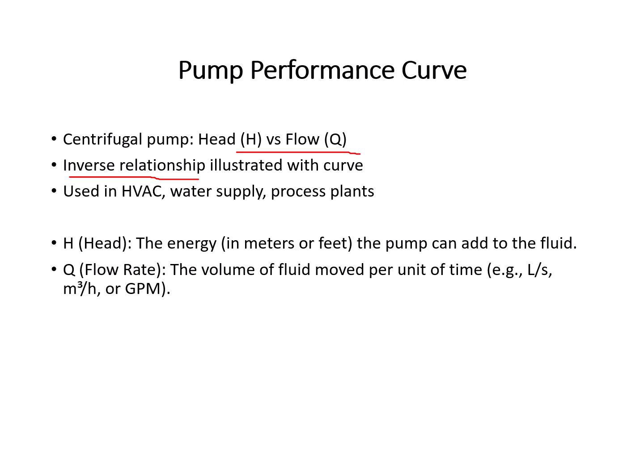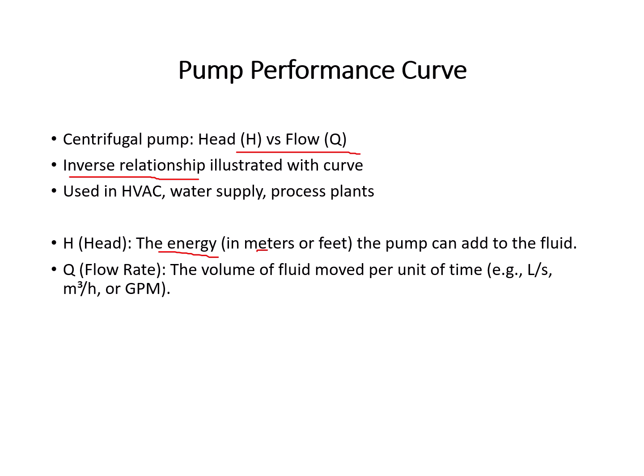Head is an energy the pump can add to the fluid. Of course, it is in meters. How can energy be in meters? We have to stand on this point for a second. Meters of head is a way to express how much specific energy the pump gives to the fluid.